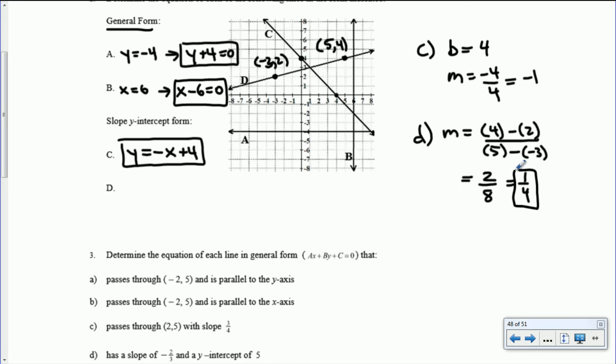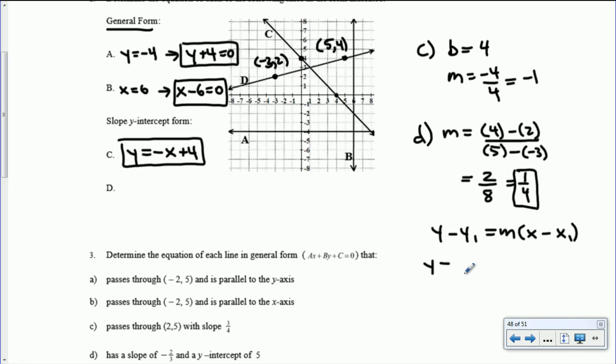Well, we have the slope, we have a point, we have 2 points in fact. Just pick a point. So y minus y1 equals m times x minus x1. Using this, we should be able to figure out what the y-intercept is exactly.